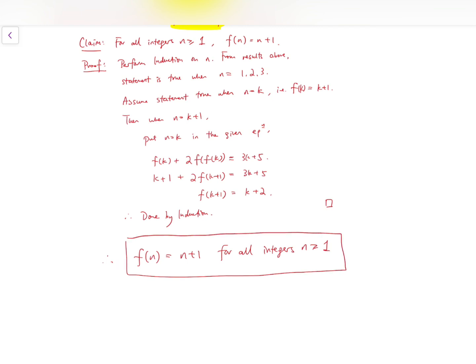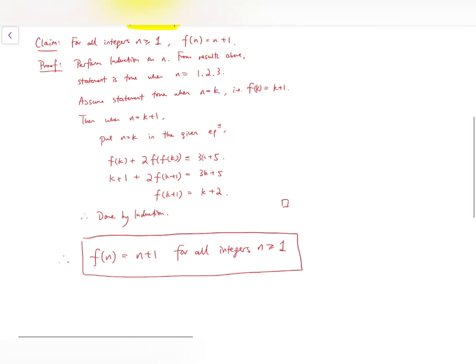And in fact, during the induction, we've actually already checked that it is a valid solution. And if you really want to do that formally again, you can see that f of n plus 2 times f of n is just n plus 1 plus 2 times n plus 1 plus 1. And simplifying, you will have 3n plus 5. So this is the final answer.